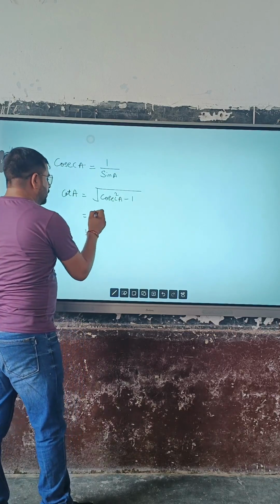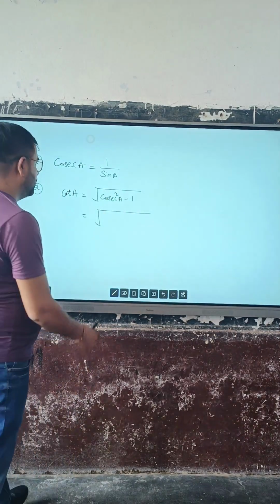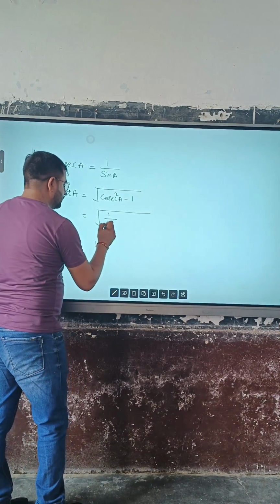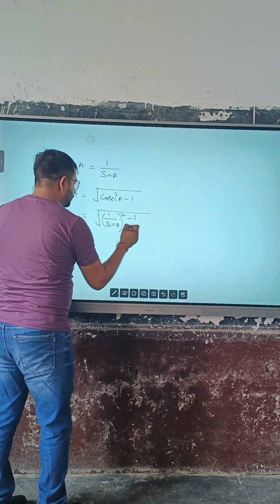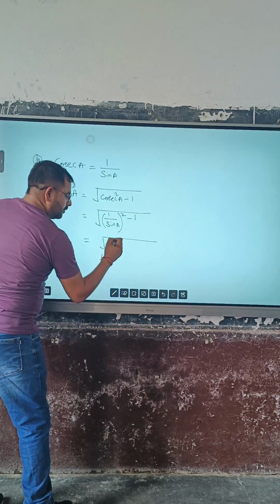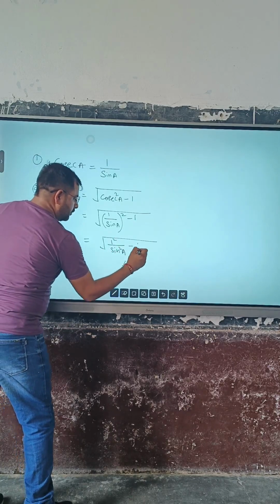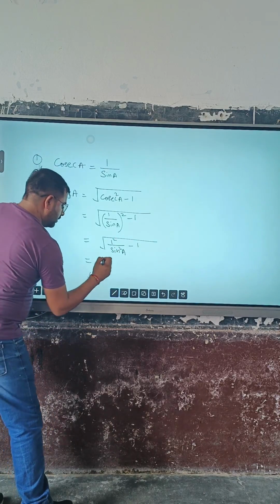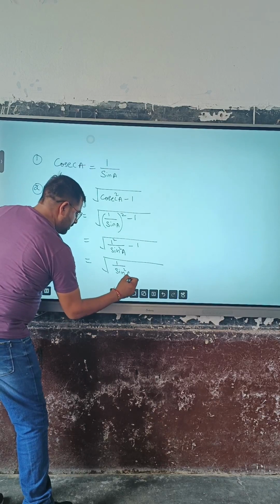So we have the value of cosecant A in terms of sine A. So we can express it as 1 over sine square A minus 1.